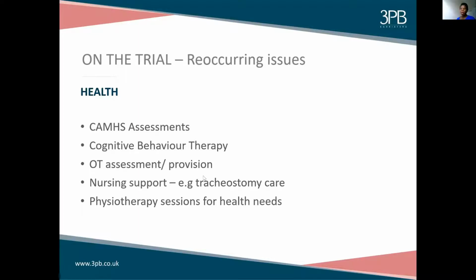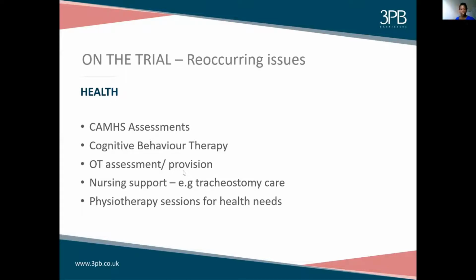And one common thing that keeps coming up in tribunal is in relation to cognitive behavioural therapy. Sometimes this can already be agreed before the tribunal and ends up either in the health section or the educational provision section. But there is often an argument, if it gets to tribunal, about where it should be within the plan.